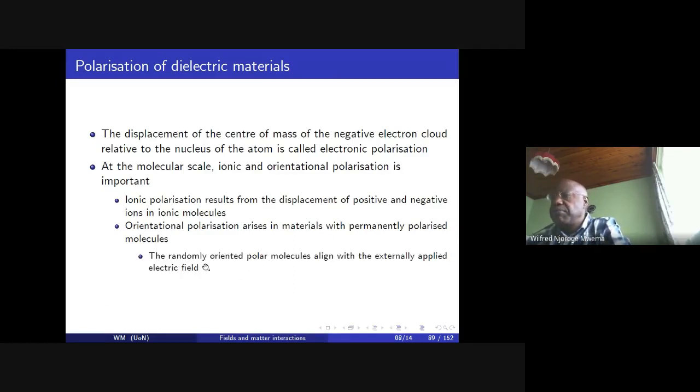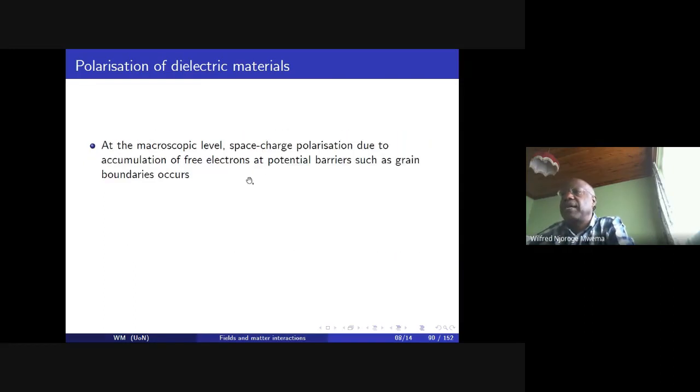So the randomly oriented polar molecules will align with the externally applied field. At the macroscopic level, we can have space charge polarization, which appears when we have charged particles accumulating along potential barriers, such as grains. Say, for example, polycrystalline materials, that is, materials formed of very many different crystallites.